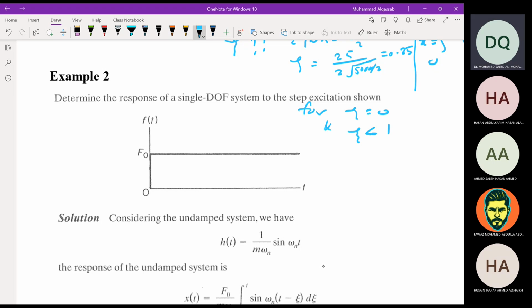So to have a more realistic applying force, there is a rise. This is called rise, and then it becomes constant.